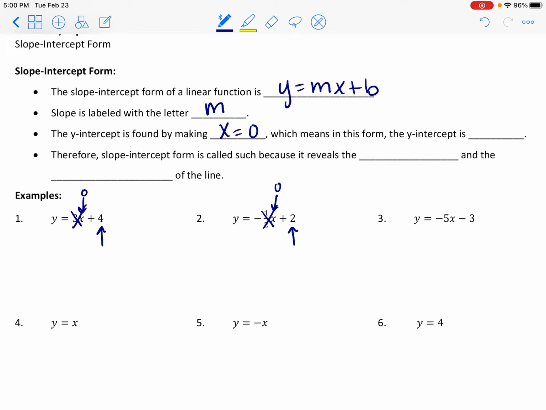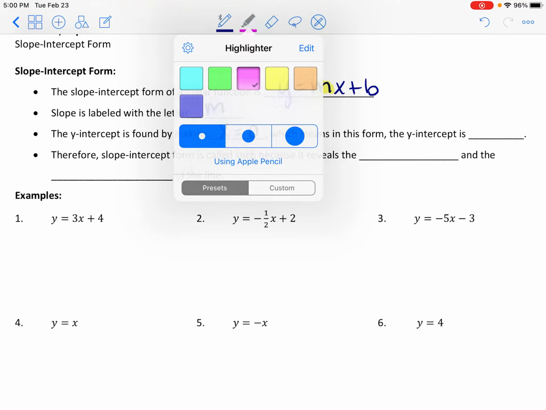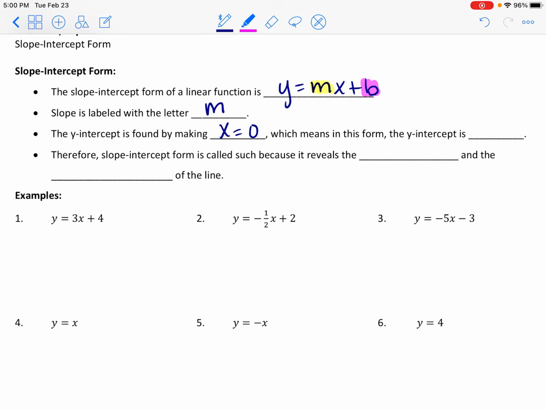So we call this slope-intercept form because the slope will always be the number that's sitting right in front of x, and the y-intercept is always going to be the constant that is sitting out here after the x. So m is always in front of x, and then the y-intercept, which we're also going to call now b, is the constant in the equation.